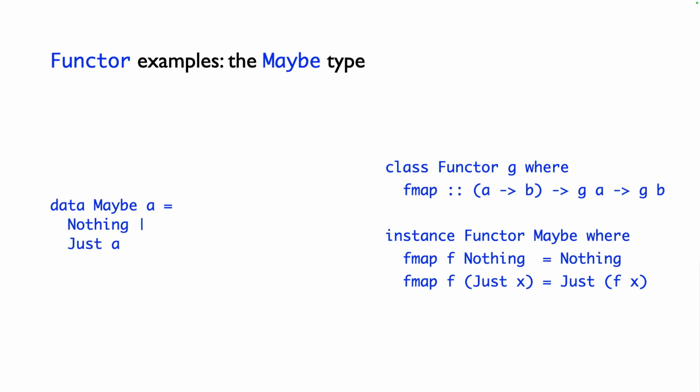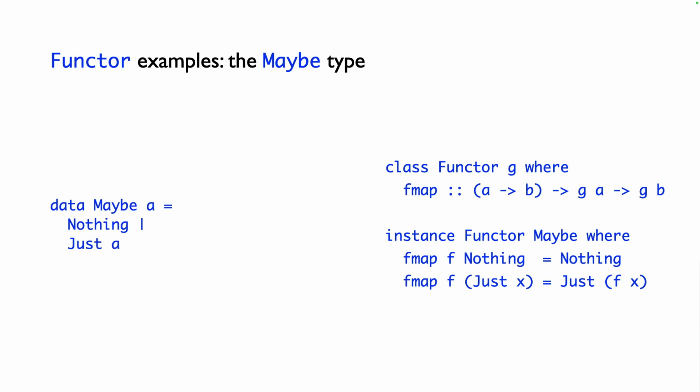Whereas if we apply fmap of f to Just x, f can be applied to x and return Just of f of x, which is of type Maybe of b. We start off with something of type Maybe of a, so x is of type a. We finish up with Just f of x, which is of type b. So it's taken something of type Maybe of a to type Maybe of b.